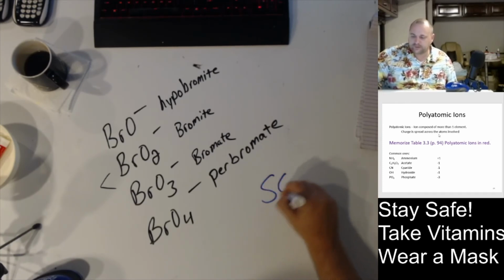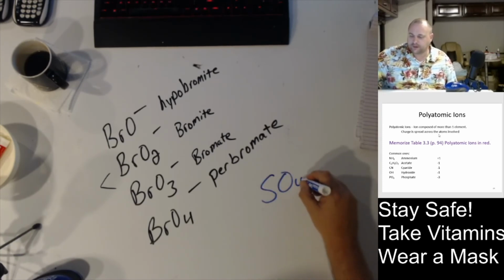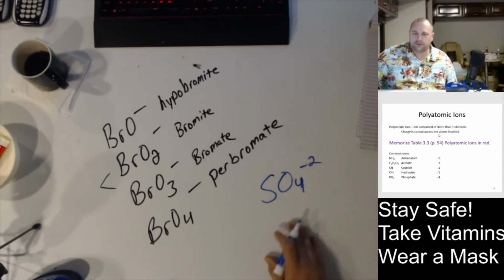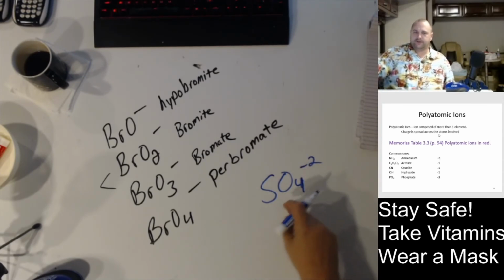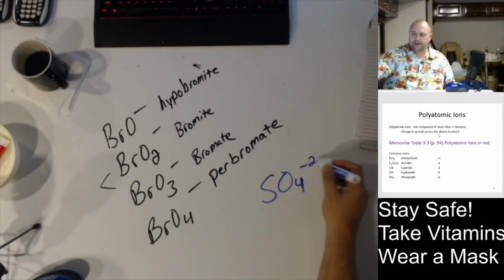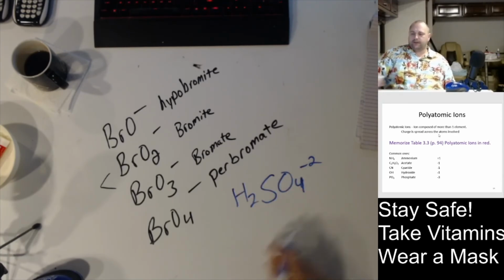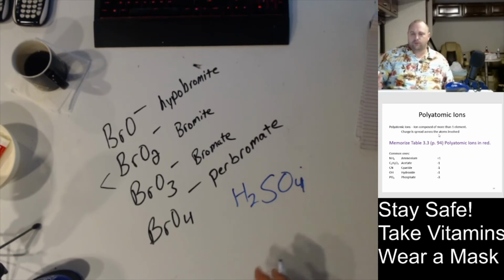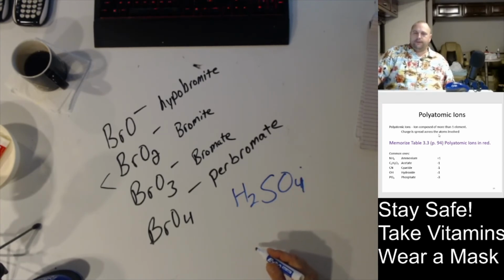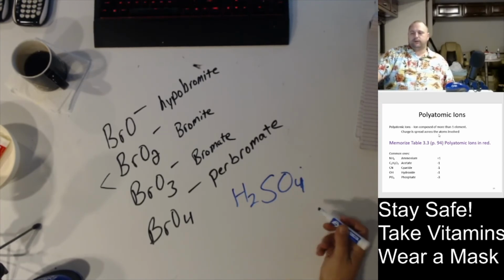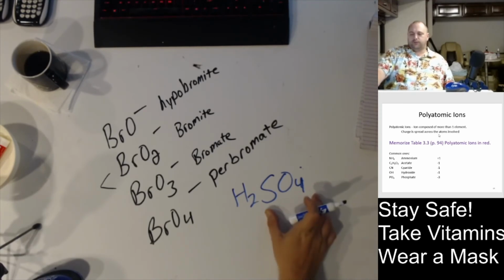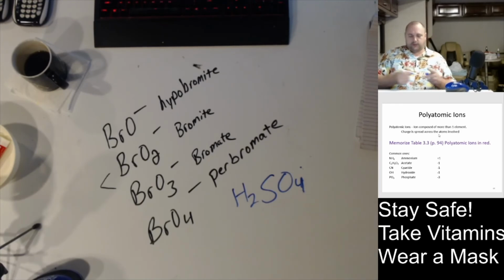So for instance, this is sulfate, and I'm going to add enough H's to this to cancel out this -2. So I need to add 2 of these, and I get this acid H2SO4. When I was a student, I had to memorize that. I just remembered that this was sulfate, and so it becomes sulfuric acid, and we had to memorize it.